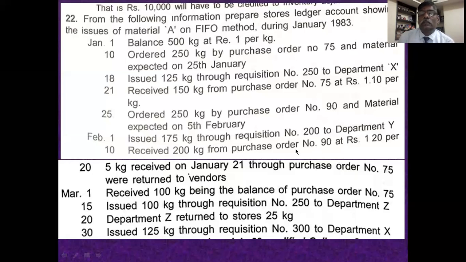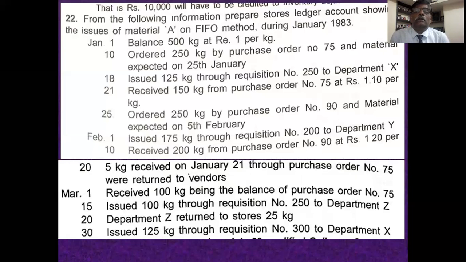You record in the receipt column, writing the number and rate. Then 5 kg received on 21st January through purchase order number 75 were returned to vendor.